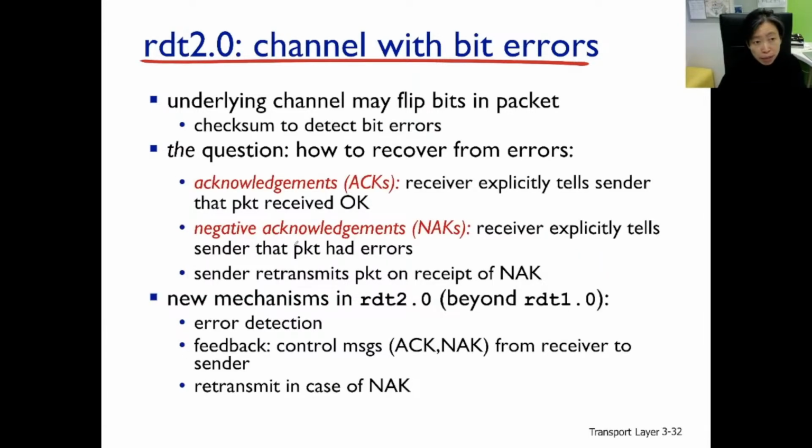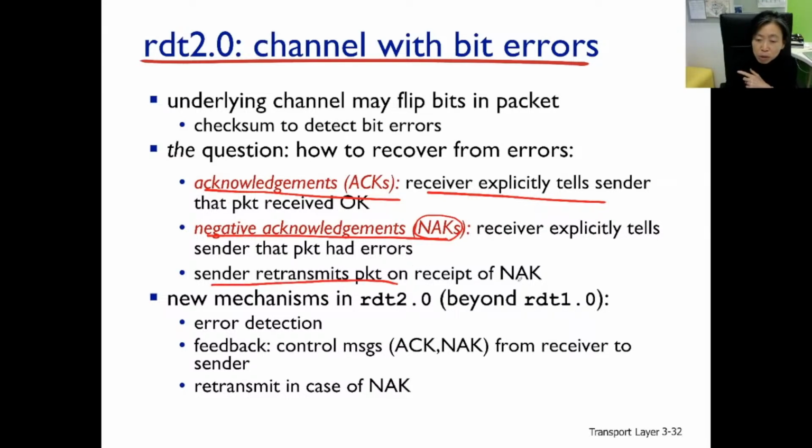To describe RDT 2.0 a bit more formally, the feedback you're providing to me, in a computer system, will be in one of two forms. Acknowledgement, ACK, is positive feedback. Negative acknowledgement, NAK, is negative feedback. ACK explicitly tells the sender everything is all right. NAK tells the sender something's wrong, and therefore the sender can retransmit the packet.